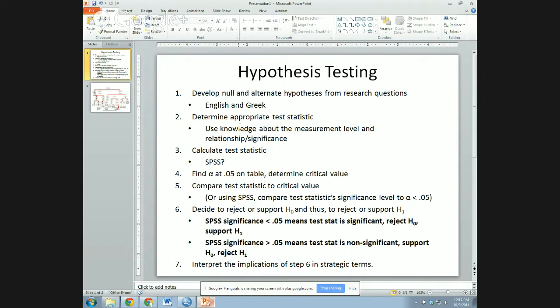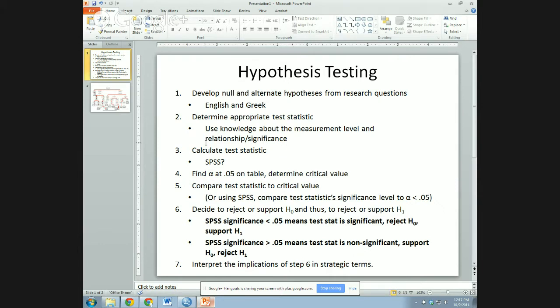We'll go through a little bit of that in a second. Fourth, we find alpha at 0.05 on the distribution table, and we use that to determine the critical value. 5, we compare the test statistic to the critical value.